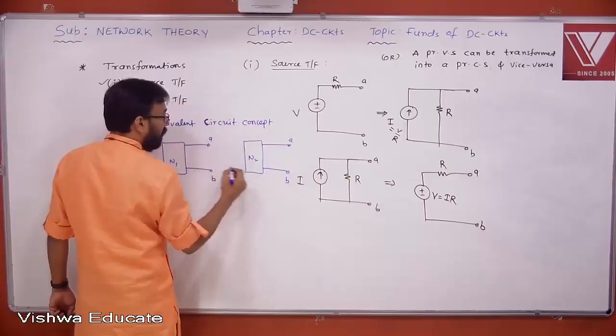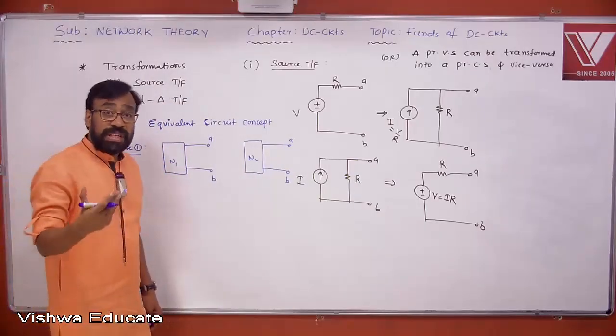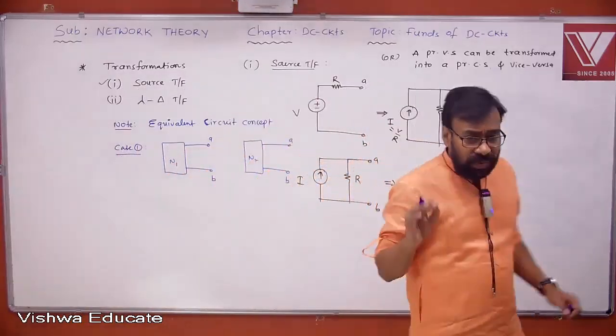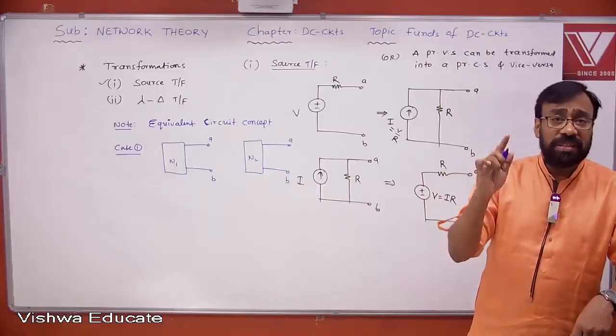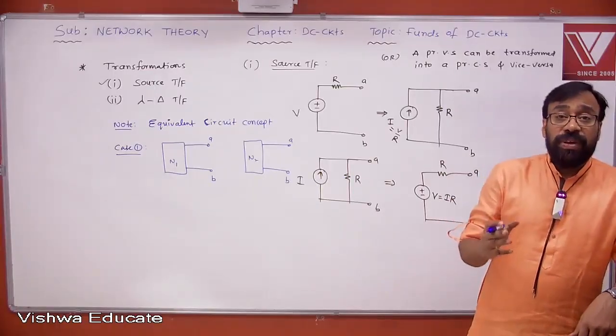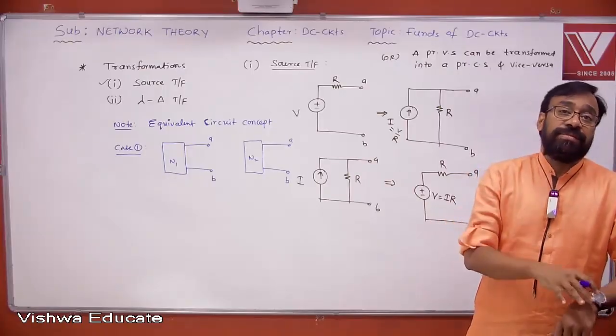Sir, what are these AB terminals? The AB terminals are the load terminals or reference terminals, we can say. Whenever he is asking the question, the following two networks are equivalent, he will clearly mention what the terminals are. With respect to which terminals they are equivalent is supposed to be mentioned in the question itself.